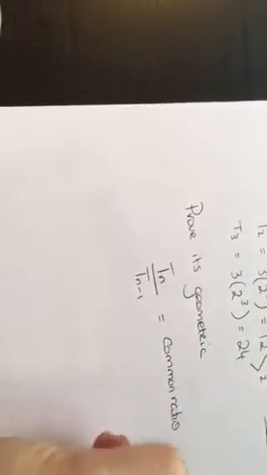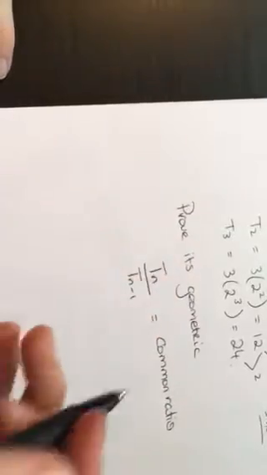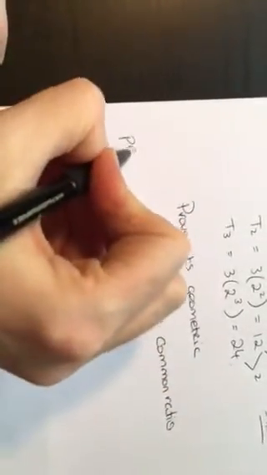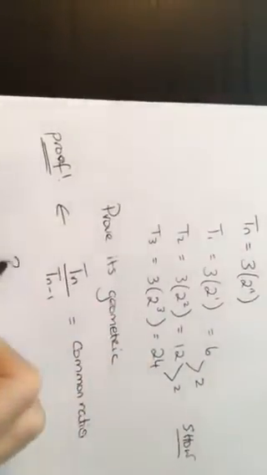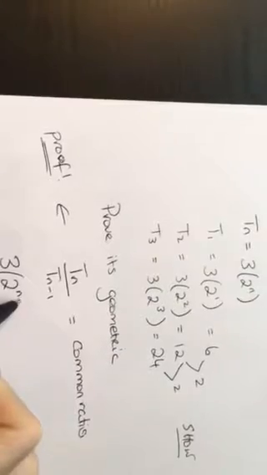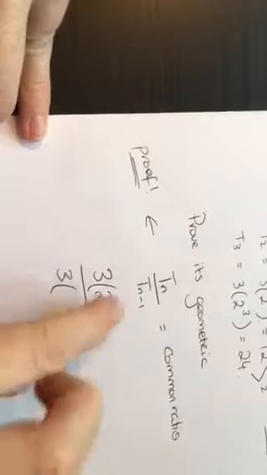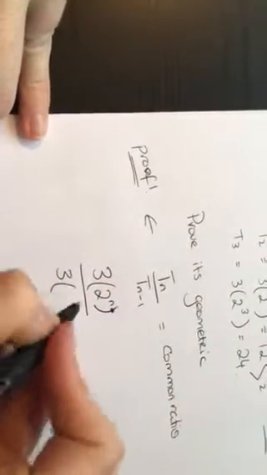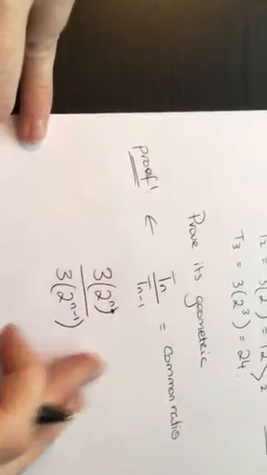The reason that I'm using this general way of saying it is because proof requires you to generalize. So what is Tn in this situation? It's 3 to the power of 2n, sorry. And divide that by Tn minus 1. Well, anywhere I have an n, I need to throw in a minus 1. And then I'm going to try and simplify this.